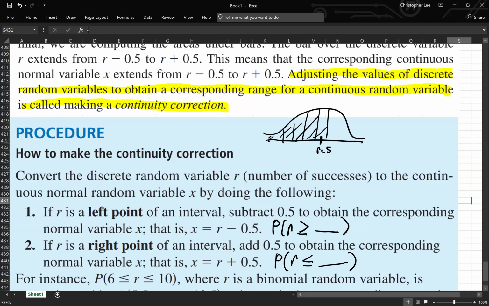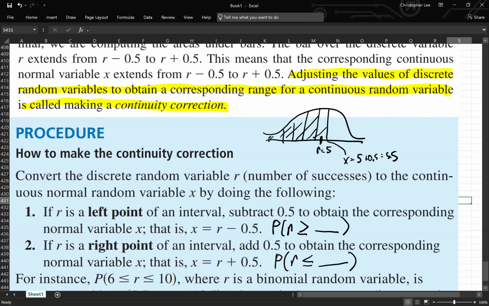So for less than, I'm going to add 0.5 to this. x is equal to the 5, which is the R, plus the 0.5. Call that 5.5. And then now I've corrected the continuity. So now I can do that normal distribution going forward.